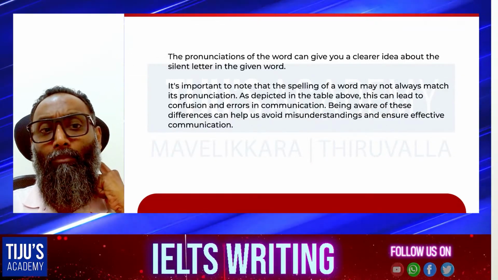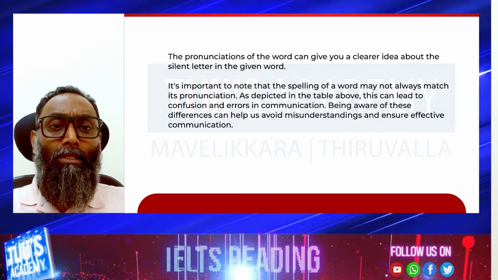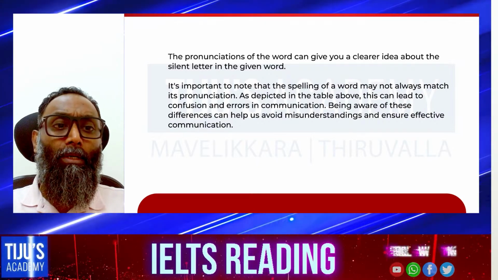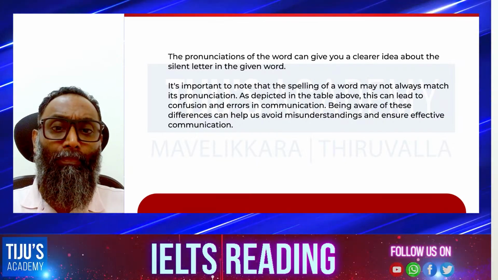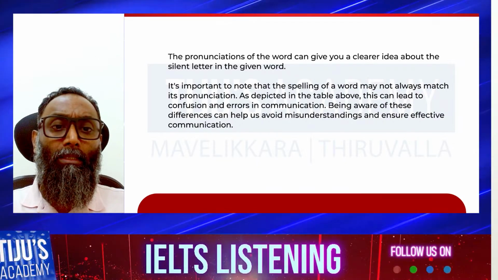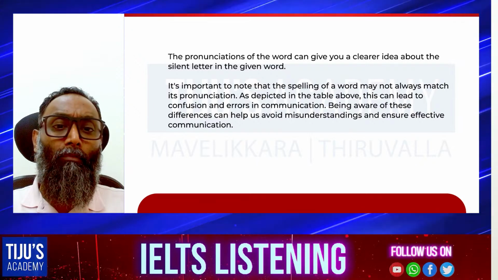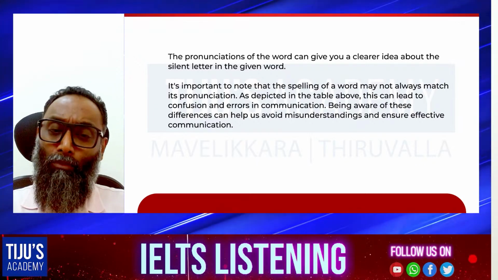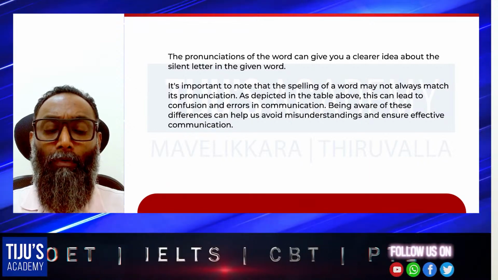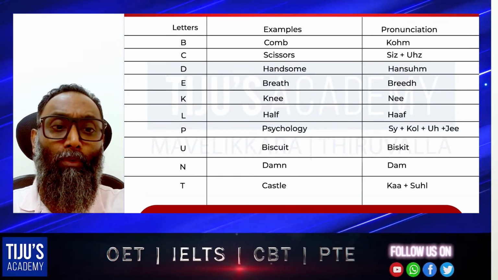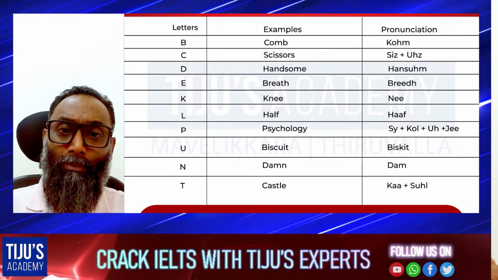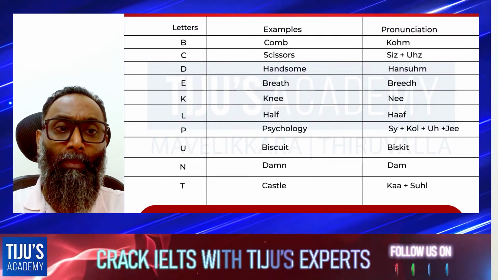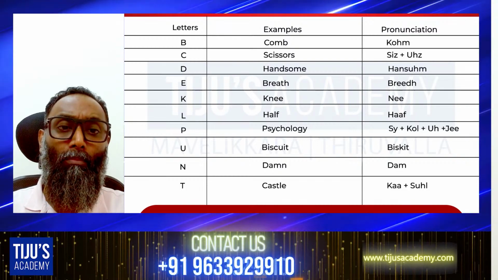Okay, let's move forward. So, the pronunciation of the word can give you a clear idea about the silent letters in the given words. It's important to note that the spelling of a word may not always match its pronunciation. For example, when you write comb, it's the letter B, C-O-M-B, right? But you pronounce it as comb, C-O-M.